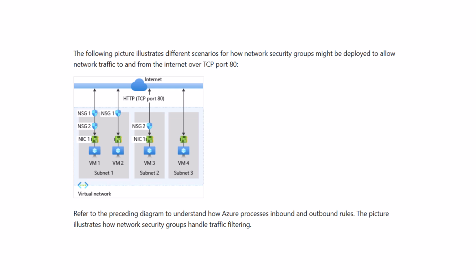Not the subnet, but this is another VM. Again, you have to be careful when you use an NSG at both the VM and the subnet level because there may be some conflicts. But this is basically what the question is all about.